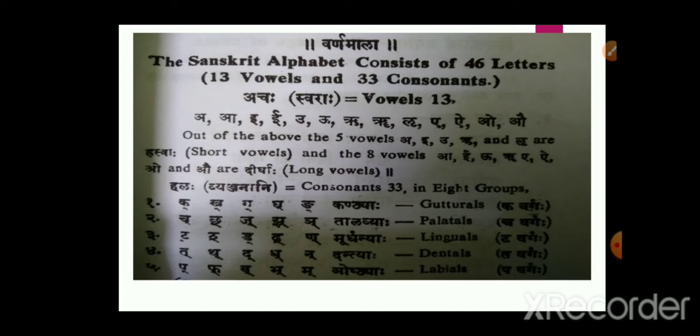Let's see what the letters are. The letters of ka vargaha, which are gutturals, are ka, kha, ga, gha, nga. These 5 are called gutturals, kantyaha, which come under ka vargaha.